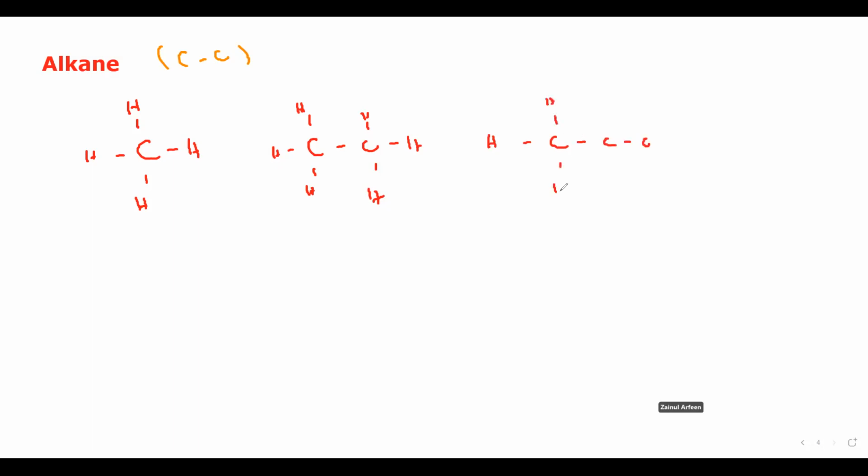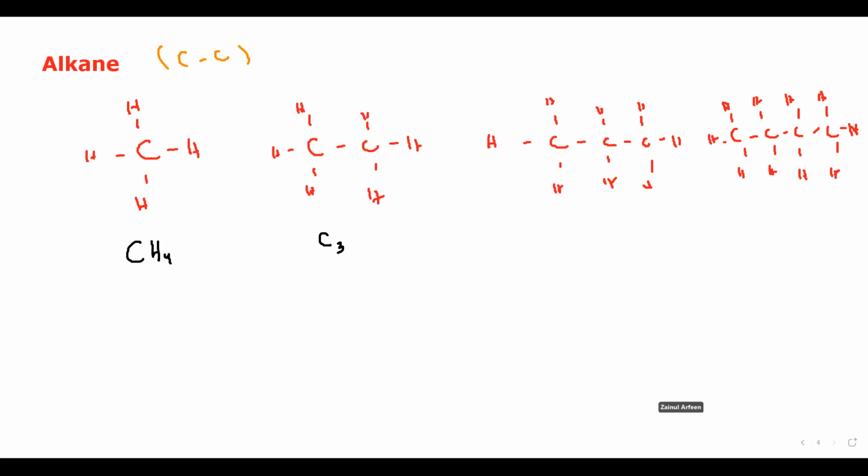Then 3 carbon propane, and 4 carbon, 1 2 3 4, butane. Now when we write the molecular formula: 1 carbon, 4 hydrogen, CH4; 2 carbon, 6 hydrogen, C2H6; 3 carbon, 8 hydrogen; and 4 carbon, 10 hydrogen.